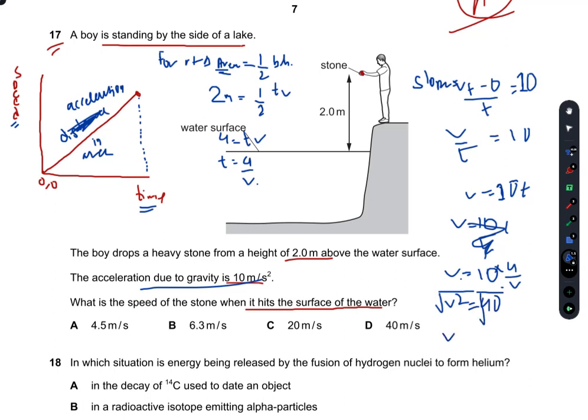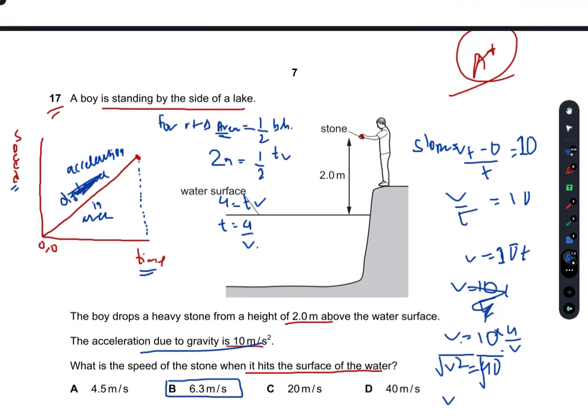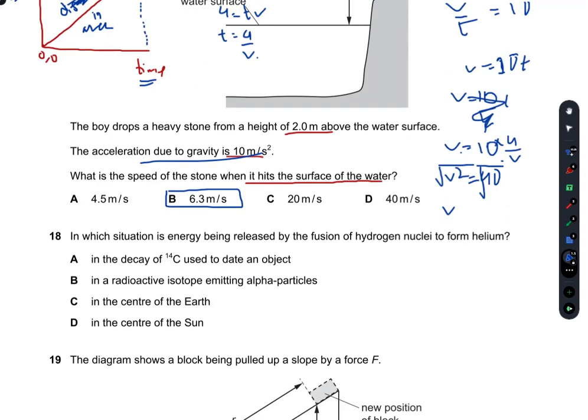I'm putting this into my own scientific calculator, you can use your own as well. So the square root of 40 is 6.32, which means B is the right answer. So now you can see how tricky this question is. It's definitely an A star question. So B is the right answer.